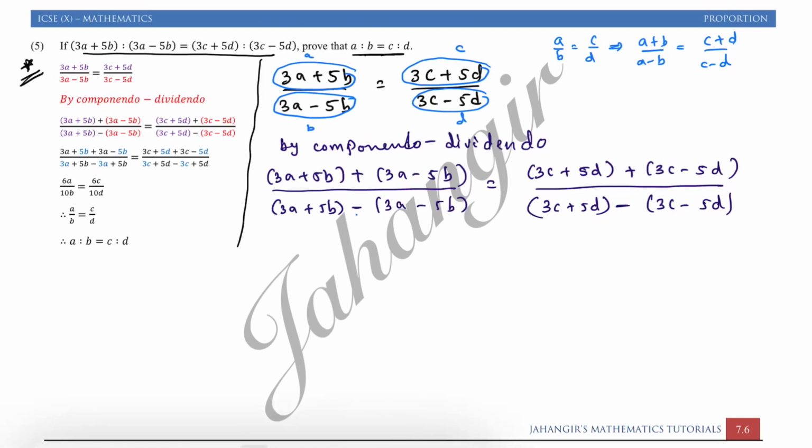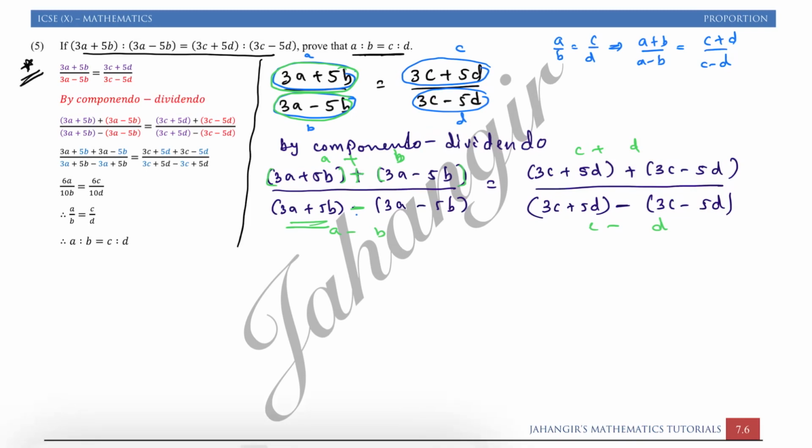If you notice, what is this? This is nothing but a plus b. See, this bracket is b and the first bracket is a. Same value we have over here, but instead of plus we have minus. It's like a minus b. Here we have the c plus d pattern and the c minus d pattern. So in componendo dividendo, we will consider the whole numerator as a and the whole denominator as b. So a plus b means whole numerator plus whole denominator. You should keep it in brackets.